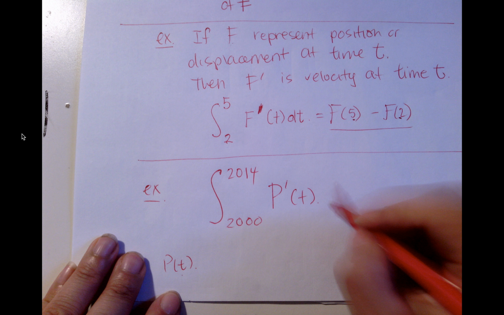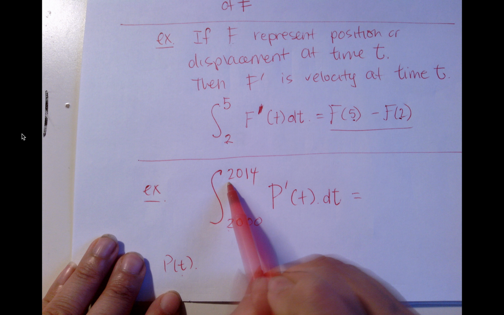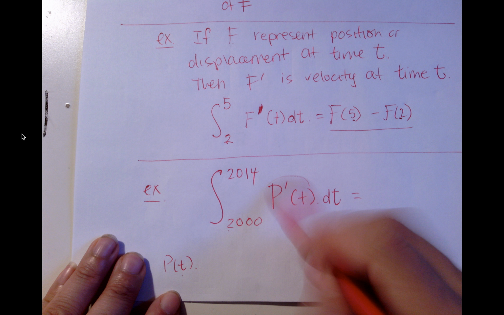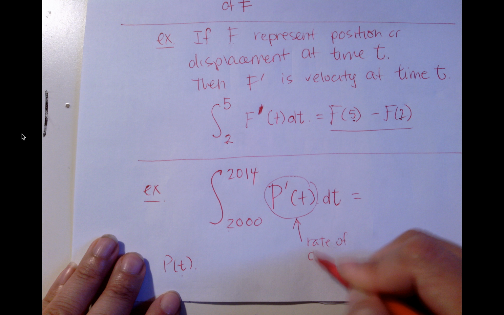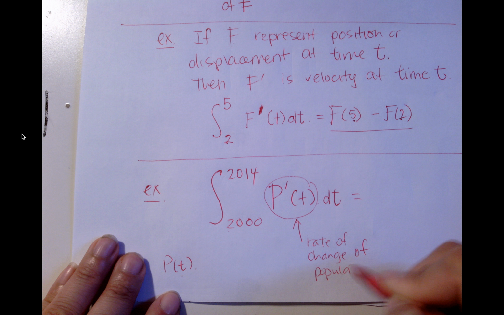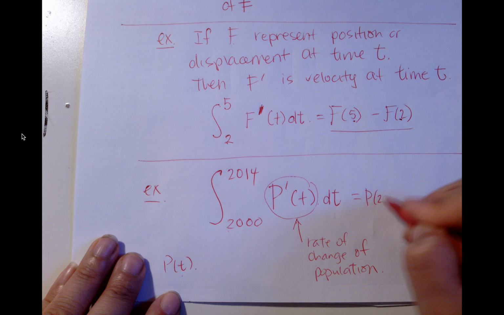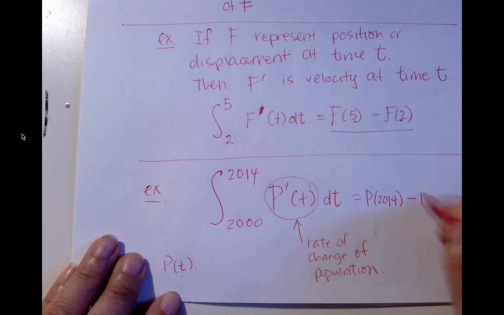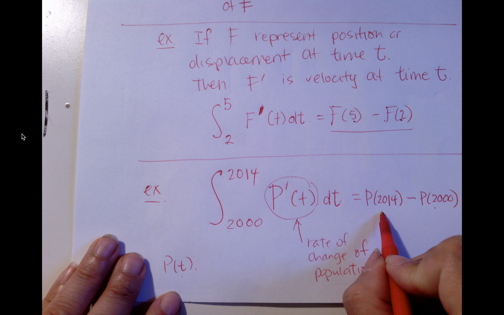Then if I were to compute the definite integral of the rate of change of the population at time t from the year 2000 to the year 2014, the definite integral would give me the amount that the population had changed between 2000 and 2014.